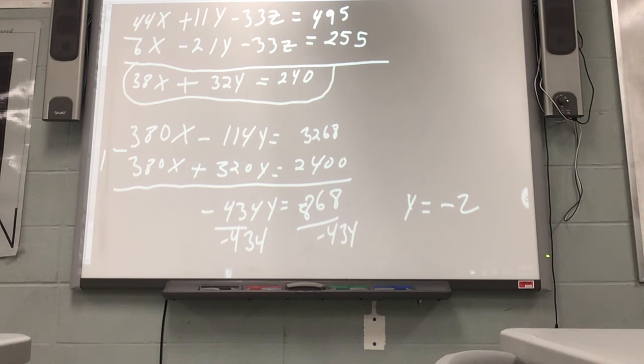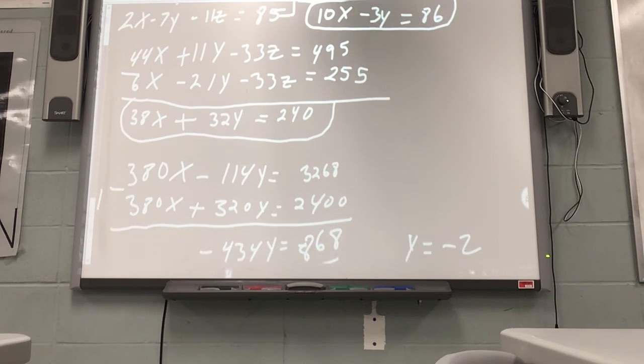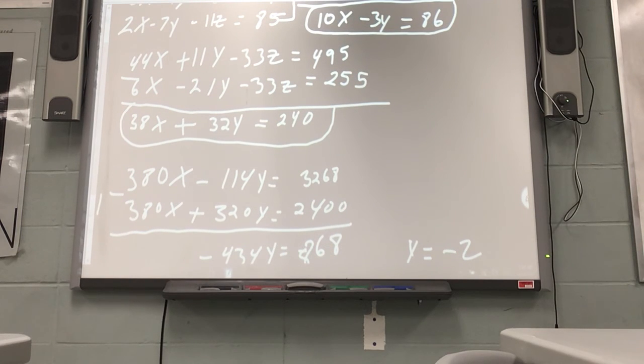Now, for one of our two new ones that we have circled, we need to plug the negative 2 in for the y. So do you want to do the one with 10x or the one with 38x? Okay, 10x. When I did it, I got negative 2.00. You're going to have to find where you messed up, because y is negative 2.